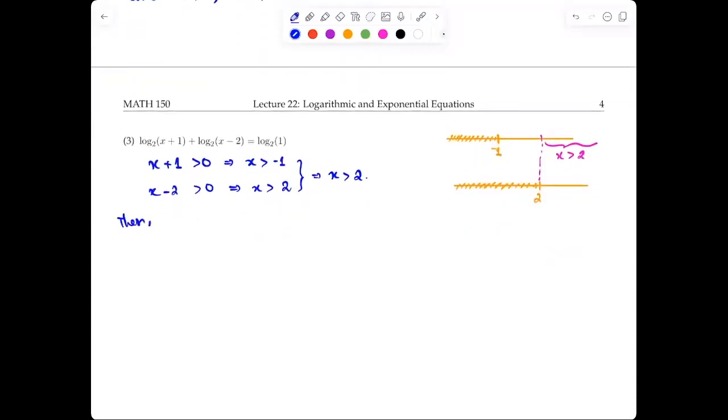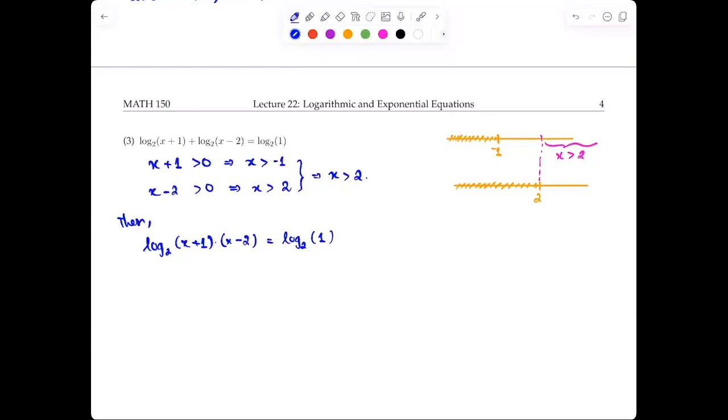Here you get log base 2 of x plus 1 times x minus 2 equal to log base 2 of 1. So be careful with the notations. It's okay for you to mess up everything at this point, but when you mess up, go back and look at the notation, look at how I present the problem, and write it that way.